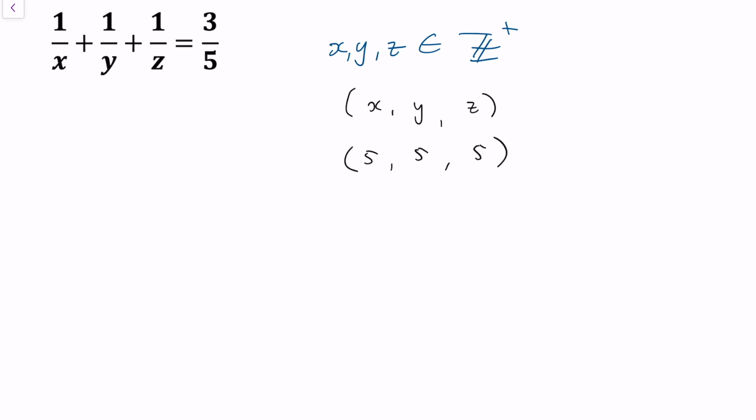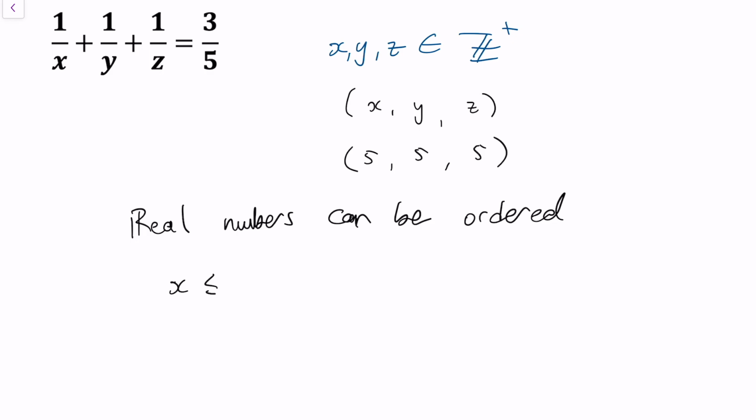One way to go ahead is to exploit a nature of real numbers, as we know that real numbers can be ordered. In other words, one is less than the other and so on. So, without loss of generality, we can say let x be less than or equal to y, less than or equal to z, right?